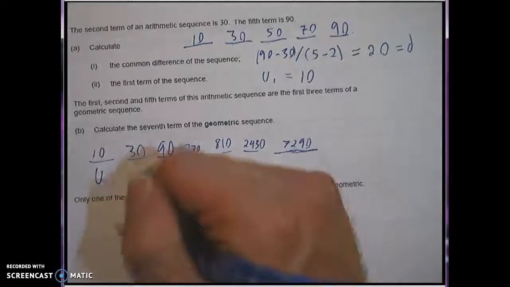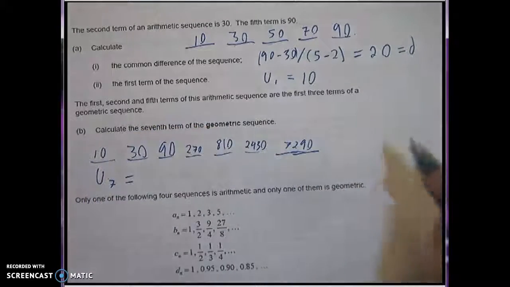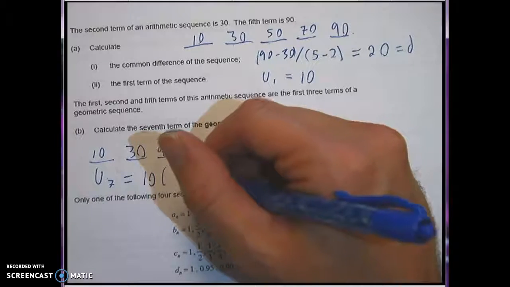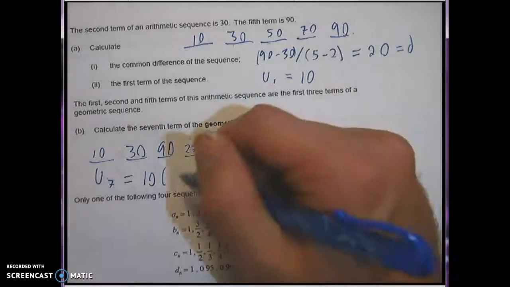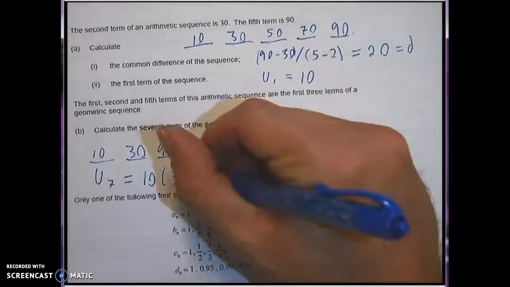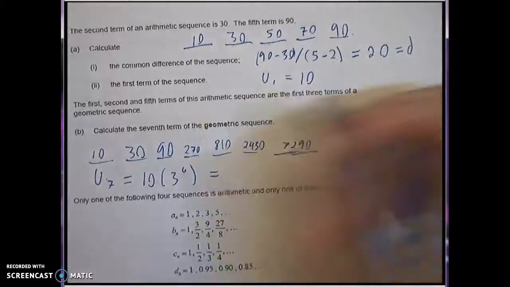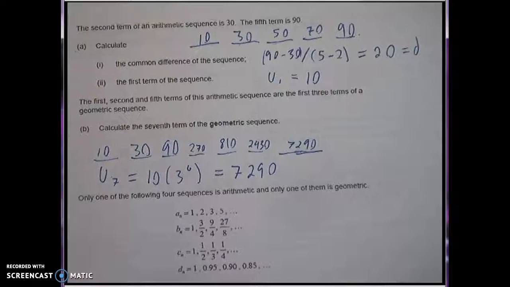U sub 7 equals the first term times the common ratio of 3 to the n minus 1 power, so that's to the 6th power. 3 to the 6th power is 729 times 10 is 7,290. Either way gets you the same answer. So whichever way feels the best to you.